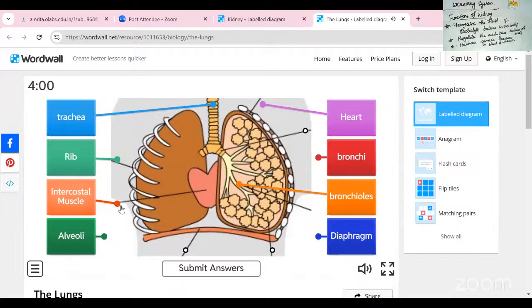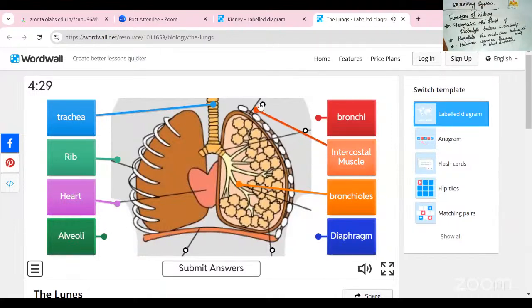Is this right or wrong? What is this? Yes, this part is known as the heart. So this is wrong. I'm going to join the point to here. So this is the heart part. Okay.